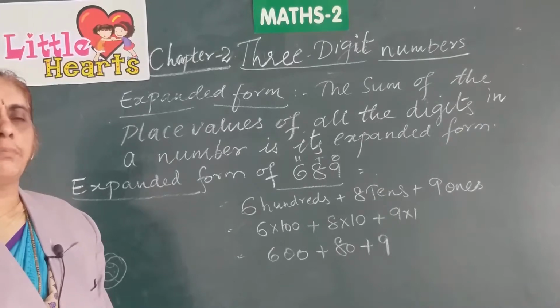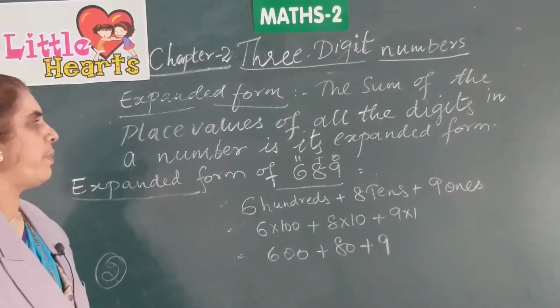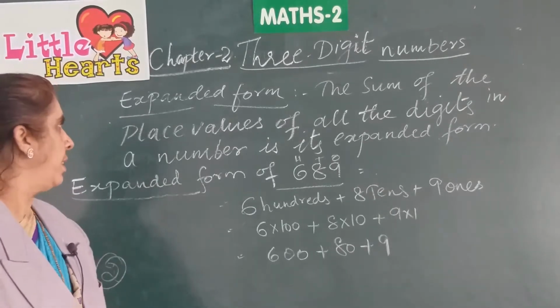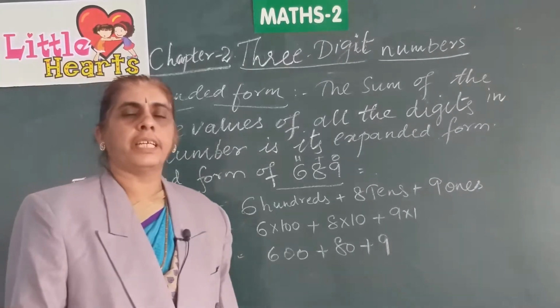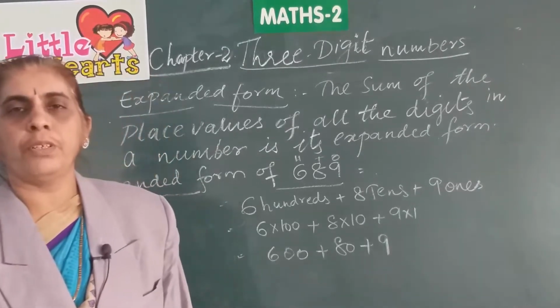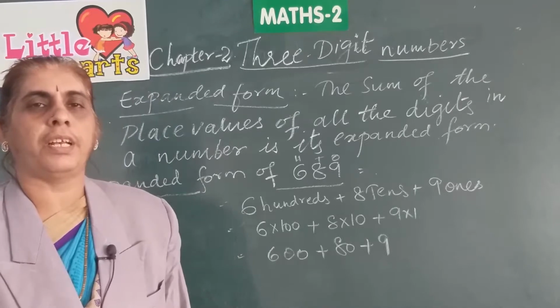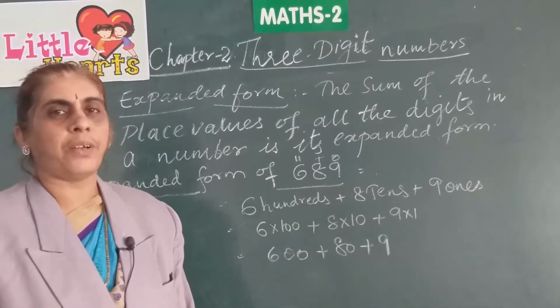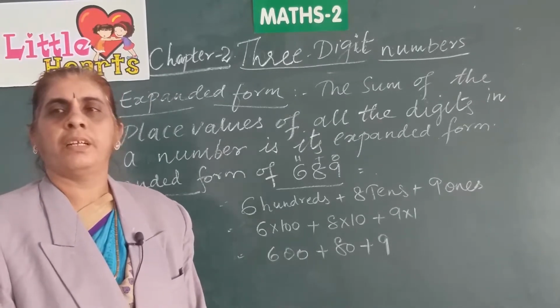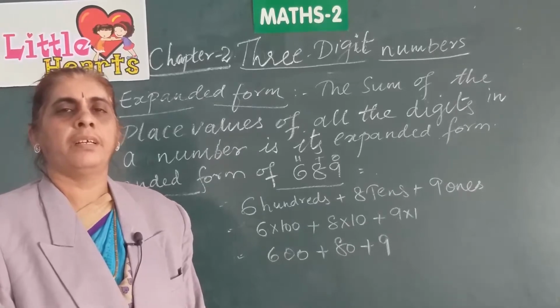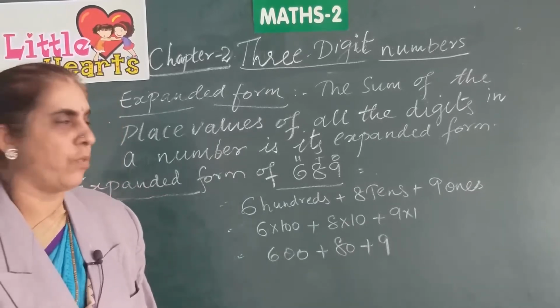Expanded form is nothing but the sum of the place values of all the digits in a number. We know the place value of each digit in a number. Now if you add all the place values of the digits in a number, it is its expanded form.